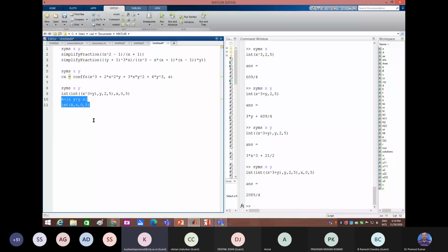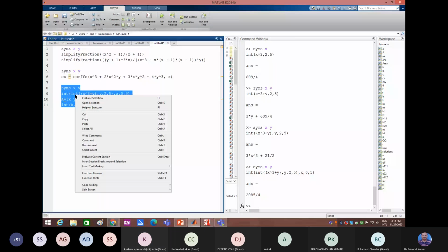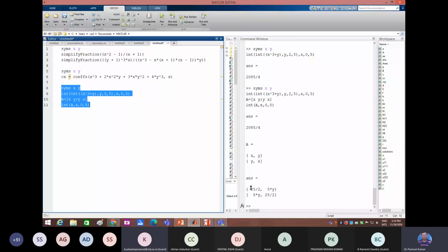X and y is already defined. Just see here, you get the answer here. Matrix has been integrated. All the components of the matrix individually integrated and put the limit here.